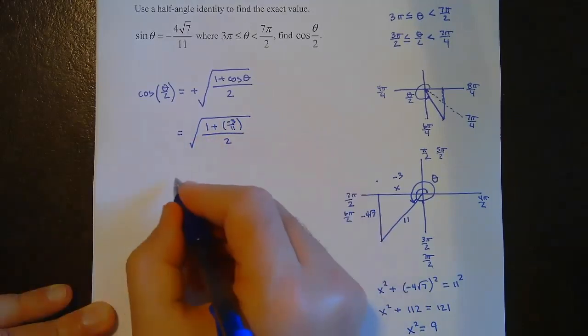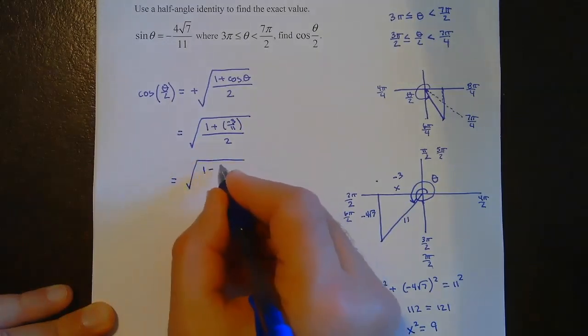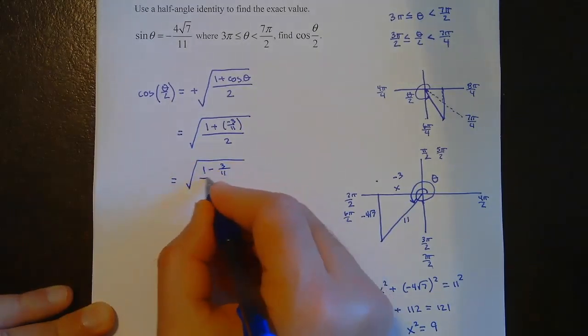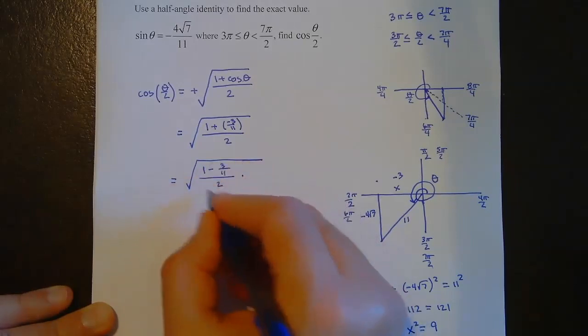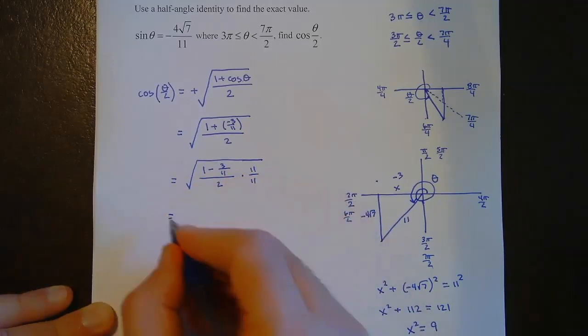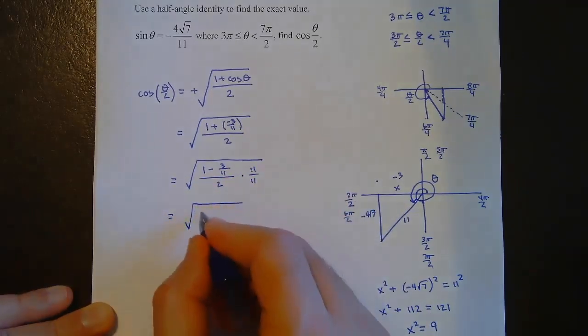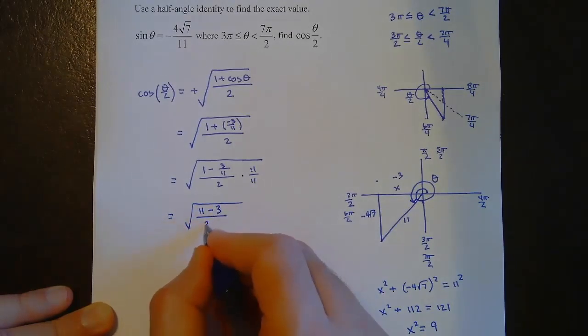So we clean that up. That's the square root of 1 minus 3 over 11 over 2. Let me extend my fraction bar a little bit because this is a complex fraction. We're going to multiply by 11 over 11, and that's going to give me the square root of 11 minus 3 over 22.